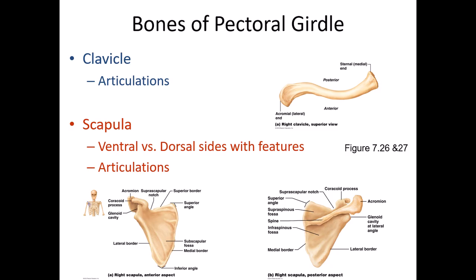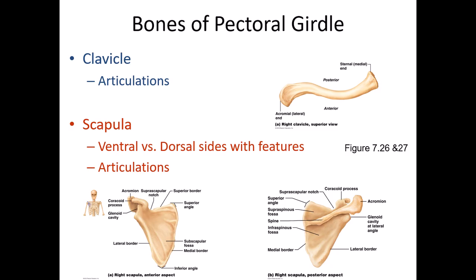The ventral side of the scapula is just one big subscapular fossa, and that's where the subscapularis muscle will have its origin. The dorsal side, the spine divides the surface into a supraspinous fossa and an infraspinous fossa. Those names are very generous. Supraspinous tells you above the spine, infraspinous below the spine.